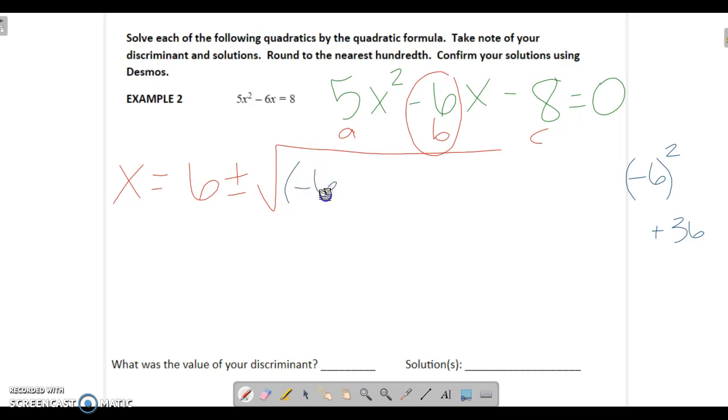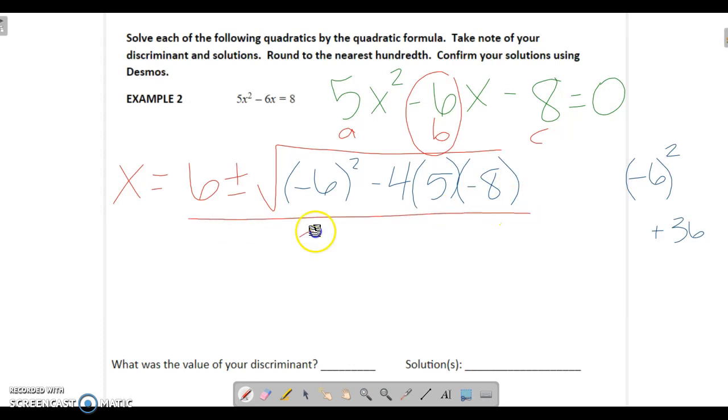So we have negative 6 squared, and then minus 4 times A, which is 5, times C, which is negative 8. All of that gets divided by 2A, so 2 times 5. So again, we want to find that discriminant first. So I'll write that off to the side. We knew that negative 6 squared, that's 36, minus, and then we want the quantity 4 times 5 times negative 8.